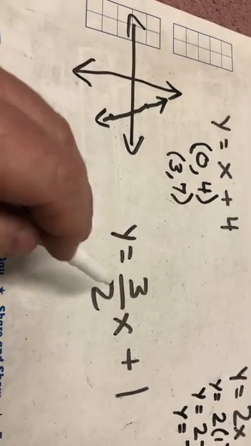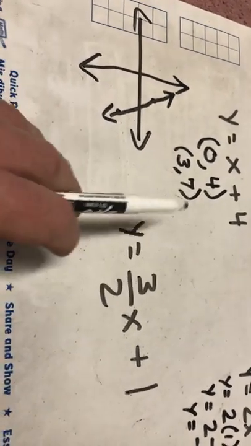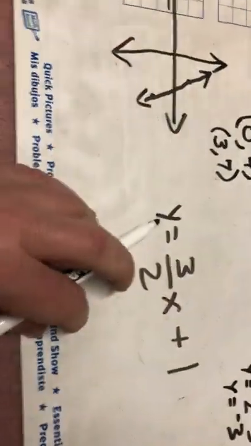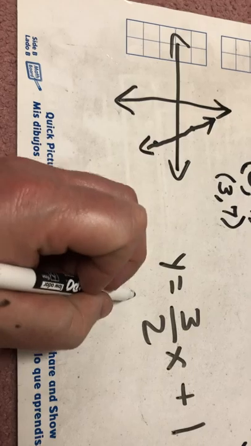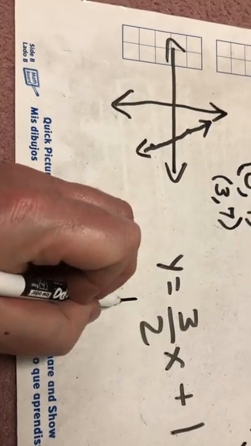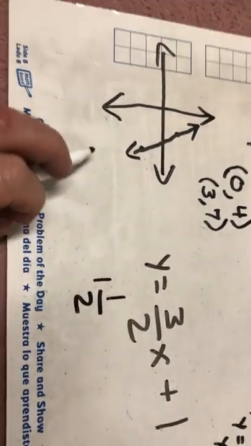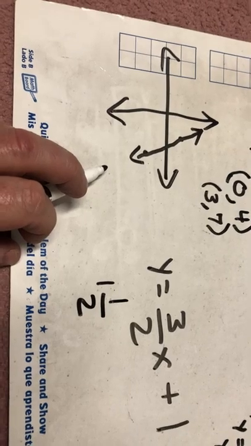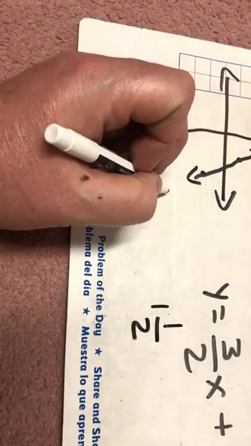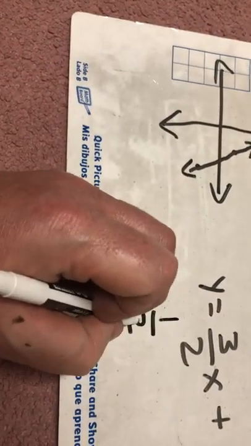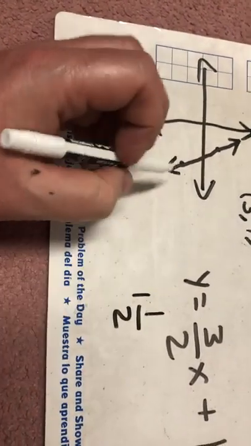And so essentially 3 over 2, if I were to turn that into a mixed number, 2 can go into 3 once, so I end up with 1.5. If I were to turn a fraction into a decimal, I divide.